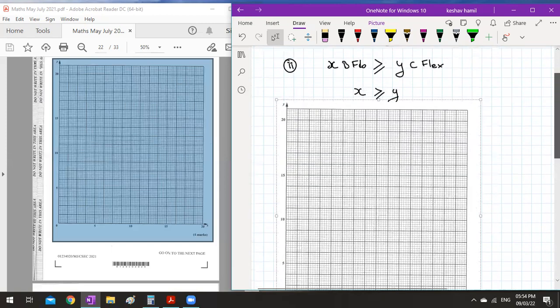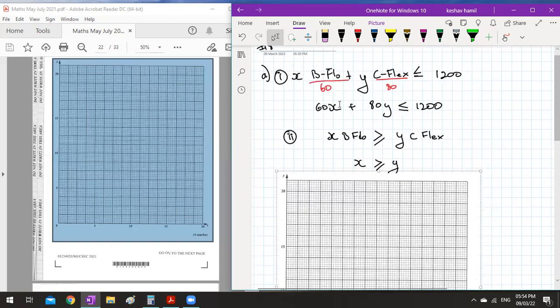So what they want us to do is basically draw these two functions here.